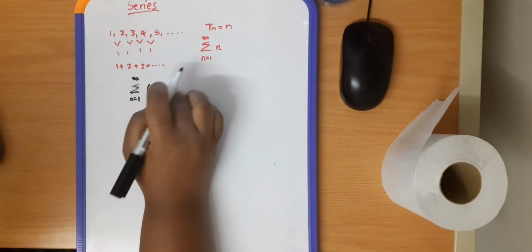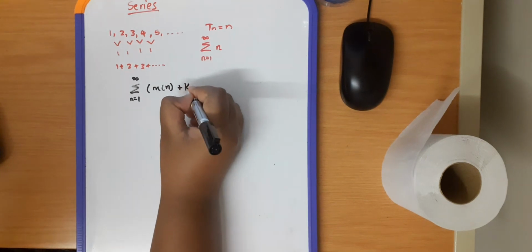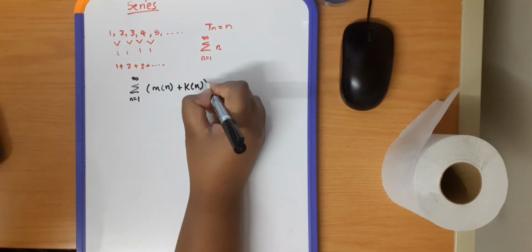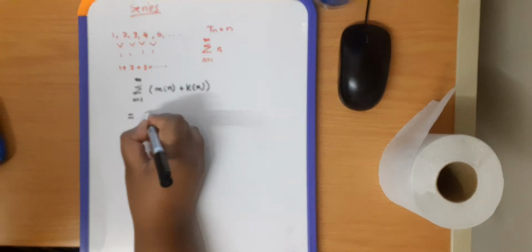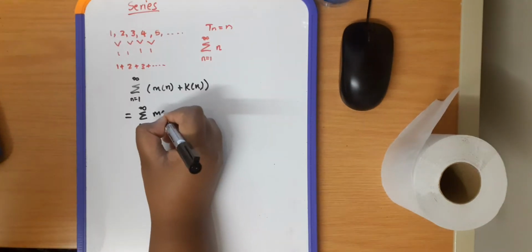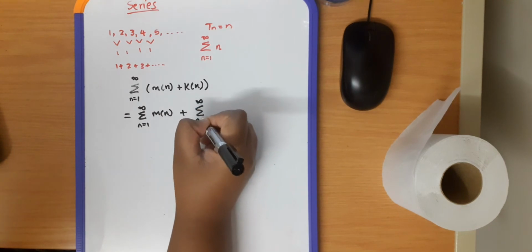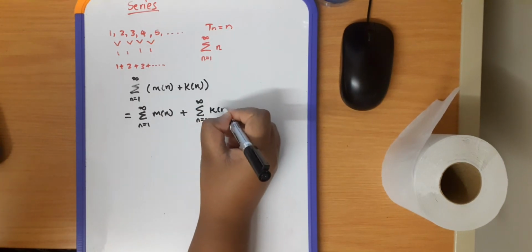So m is something that depends on n, plus k as a quantity of n. This equals, so you can separate these into the sum of m(n) plus the sum of k(n).